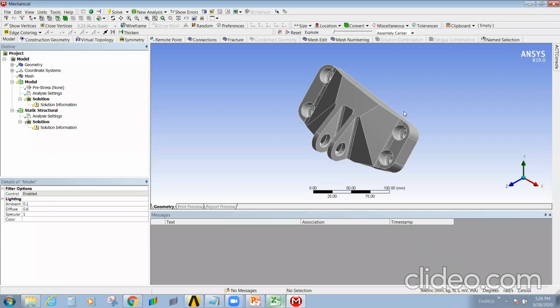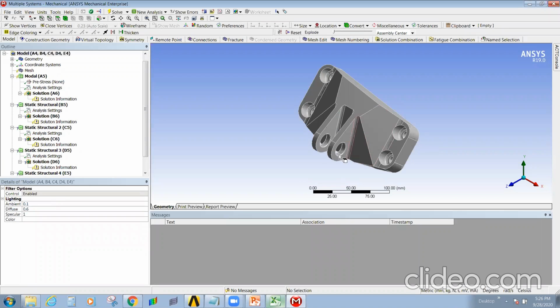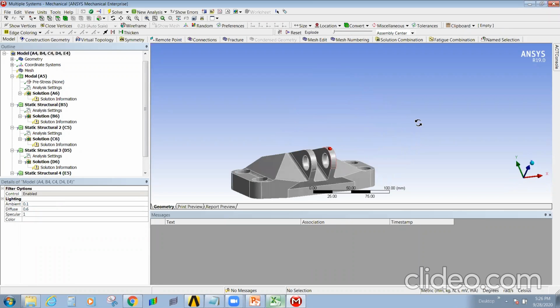Okay, now you can see your geometry has been updated, right?